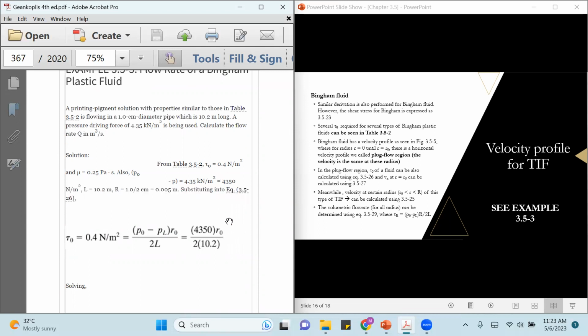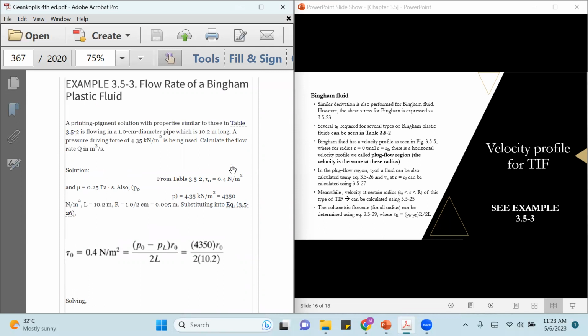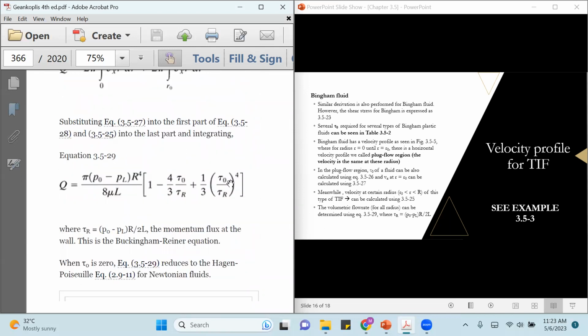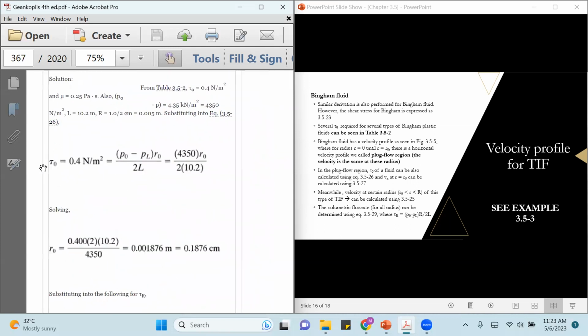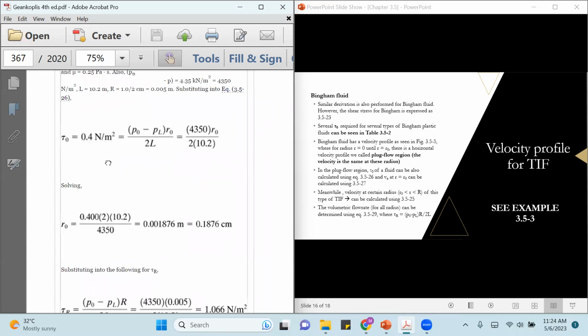And then, since in equation 29 I need tau 0 and tau R, and then delta P, R, mu, and L, then I have to find tau 0. Oh, tau 0 is 0.4, okay. And then, please try to find the R0 region. So he wants to know up until which part is the plug flow region. So he tries to find R0.